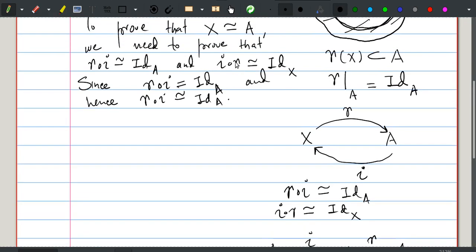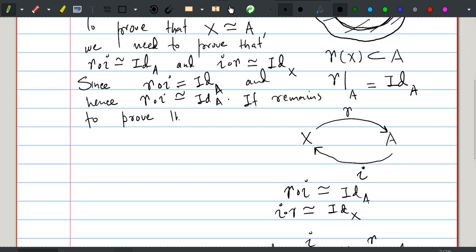Now it remains to prove that I composite with R is homotopic to the identity map on X. So to prove this, we have to exhibit a homotopy between these two maps.